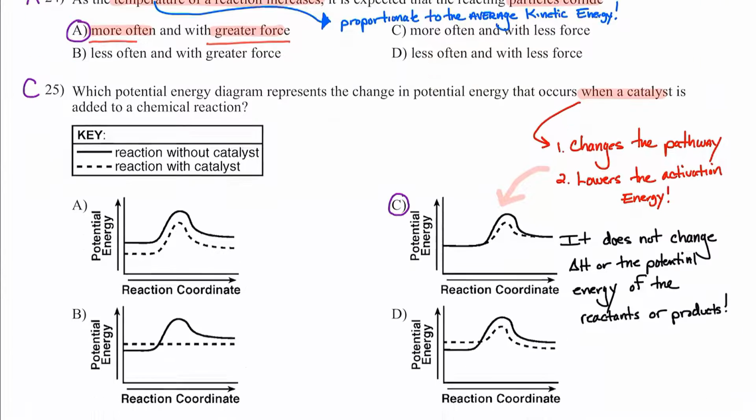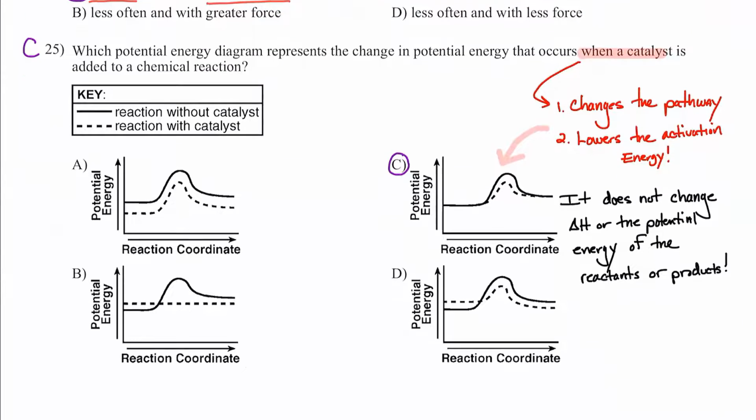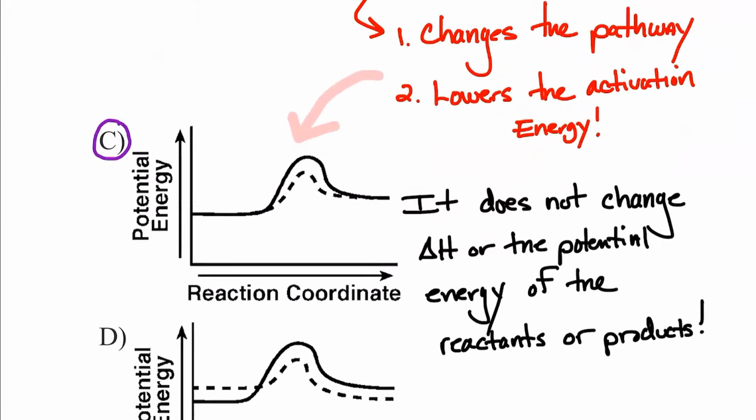25. C. Which of the following represents the change in potential energy that occurs when a catalyst is added to a chemical reaction? We know that a catalyst changes the pathway. It doesn't change where we start and finish. It doesn't change delta H. It just changes the hump, and it lowers the activation energy. So C is the best answer.